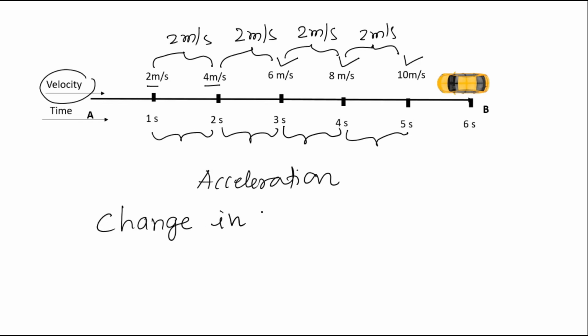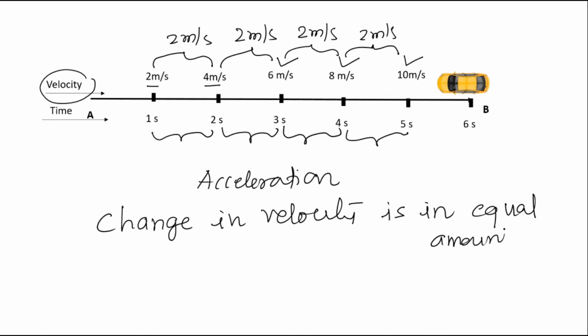Change in velocity is in equal amounts. Look at this, equal amounts. I am writing here. So this word is very important. Change in velocity is in equal amounts. And what is that amount here? In this case, it is 2 meters per second.